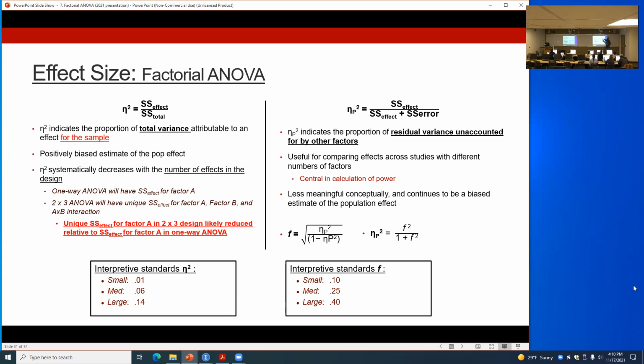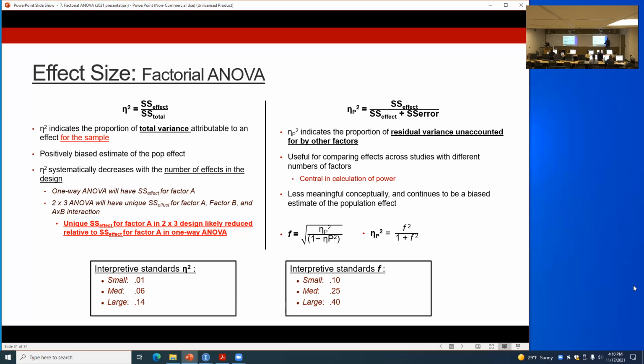What's missing from the denominator of this relative to the sum of squares total in our calculation for eta squared, if we've got, say, a two-way factorial design? A and B and what else? The interaction, right? So our denominator here is going to be smaller.